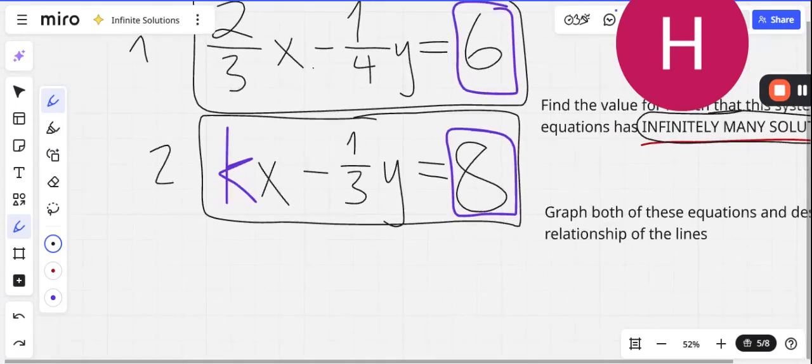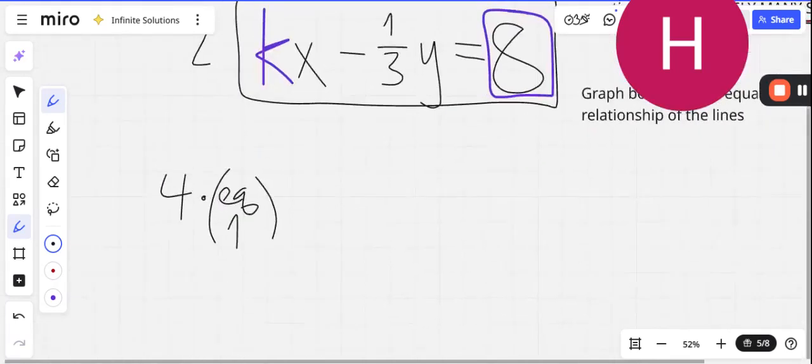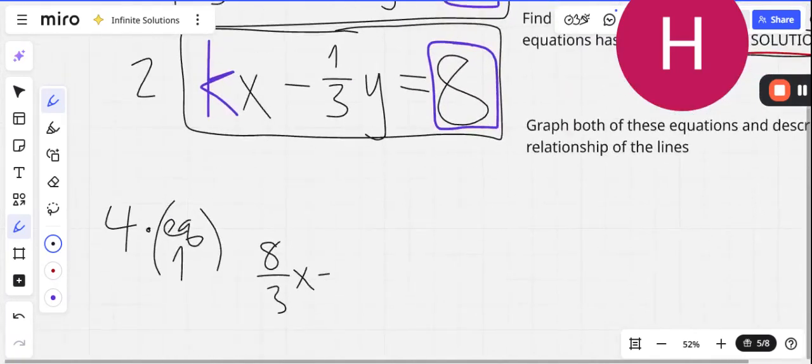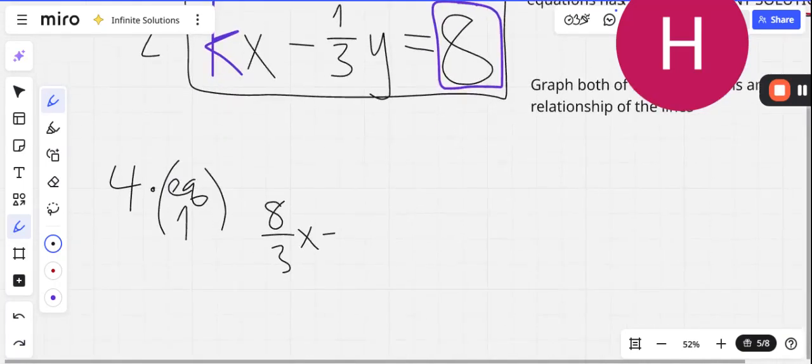So if I multiply equation 1 by 4, then what I'm going to end up with is 8/3 of x minus, oh, that's kind of nice to multiply this by 4 because 1/4 times 4 is just 1. So minus y equals 24.